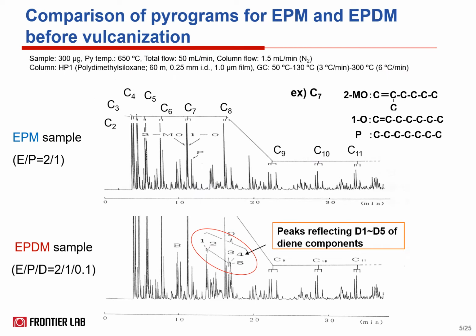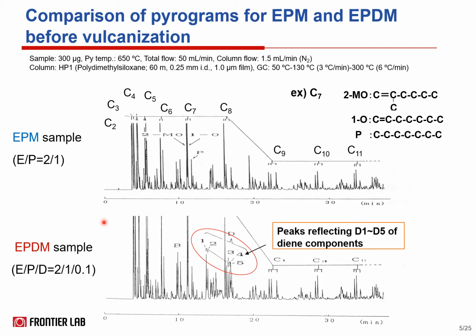This slide shows the comparison of pyrograms for EPM and EPDM before vulcanization. The top pyrogram is ethylene propylene rubber EPM sample containing no diene component. The bottom pyrogram is EPDM sample containing 12.3% ethylidene norbornene.